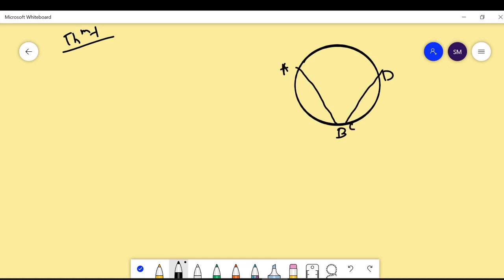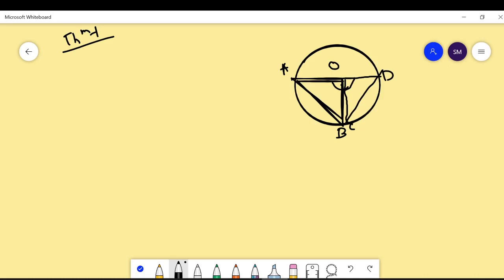Then the theorem says they both subtend equal angles at the center. Suppose this is the diagram. This is the center O, the angle subtended by the chord AB is AOB, and the angle subtended by the chord CD is COD.